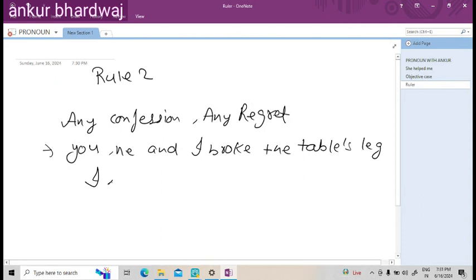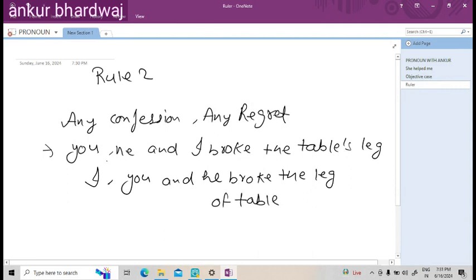The correct sequence will be "I, you, and he broke the leg of the table." Here you can see that it is in capital. So the correct sequence will be like this: "I, you, and he broke the leg of the table."